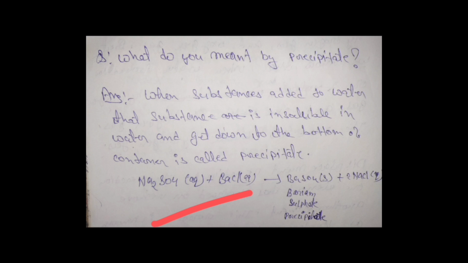The sodium chloride stays in liquid form, but barium sulfate is an insoluble substance in water and settles at the bottom of the container. So it is called a precipitation.